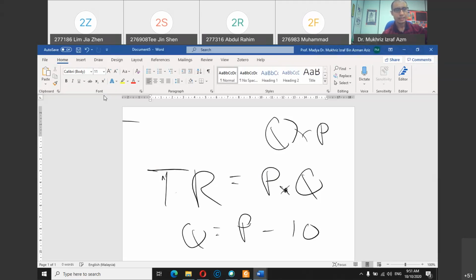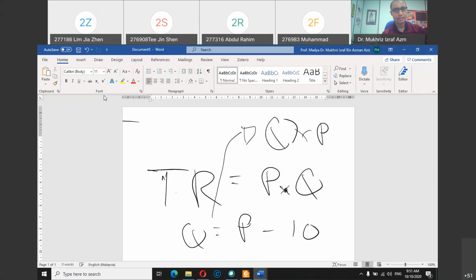let's say Q equals P minus 10, for example. So here, that is the normal demand function. If we follow this method, to get total revenue, P multiplied by Q, and you can also ask me, P multiplied by Q should be the same as Q multiplied by P, because this is multiplication, correct? Yes, in theory, correct.